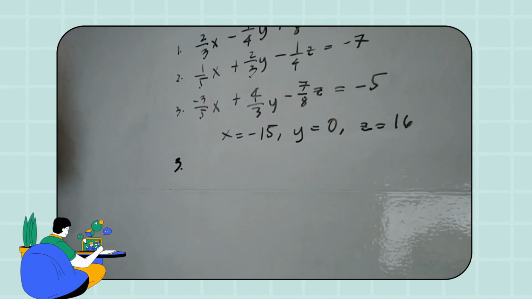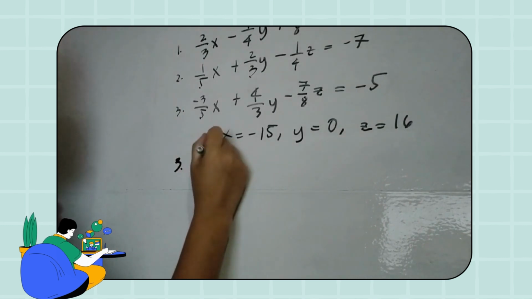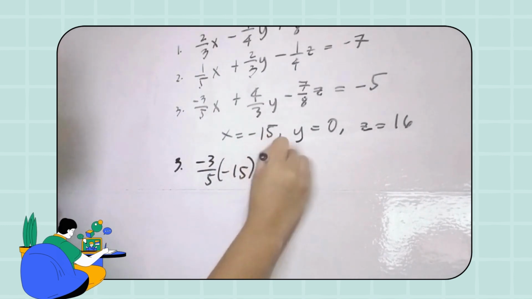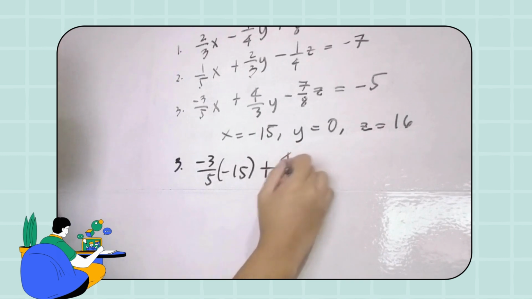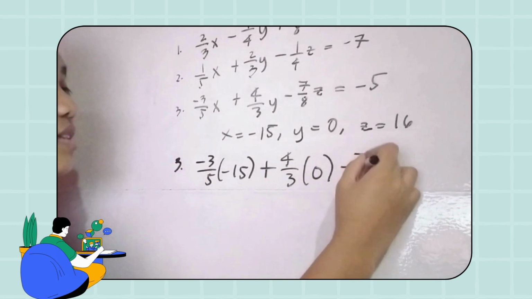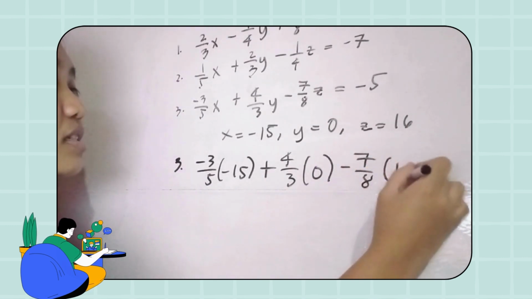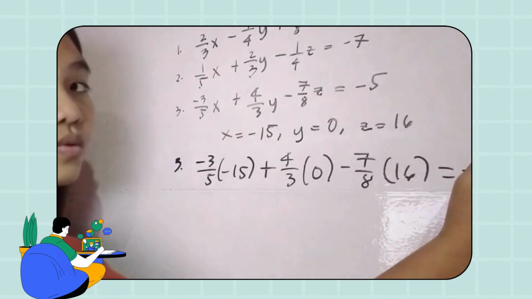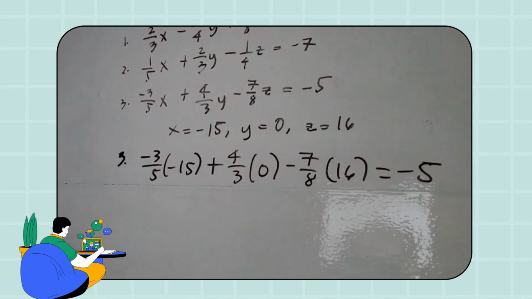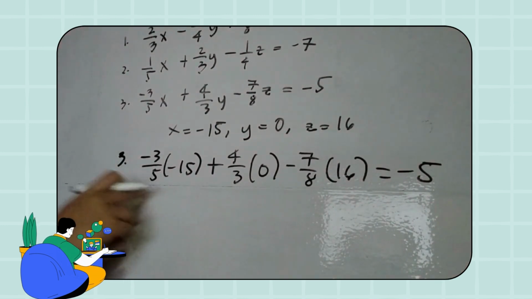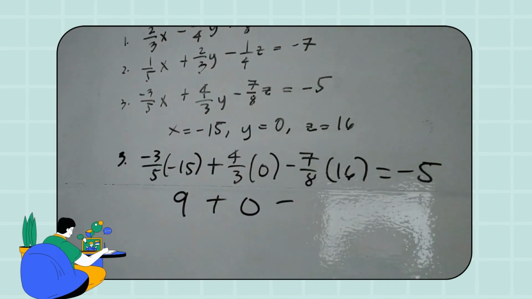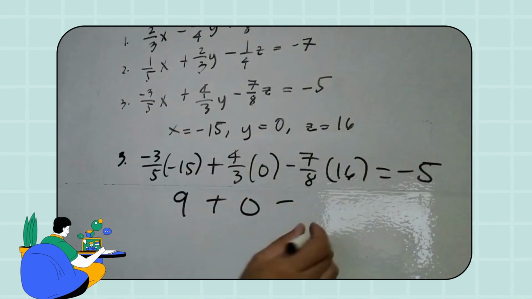Now, let us proceed with the third equation. We have here 3/5 x, where x is negative 15, plus 4/3 y, where y is 0, and minus 7/8 z, where z is 16, equals negative 5. So in this case, negative 3/5 of negative 15 is 9, plus 4/3 of 0 is 0, and negative 7/8 of 16 is negative 14.